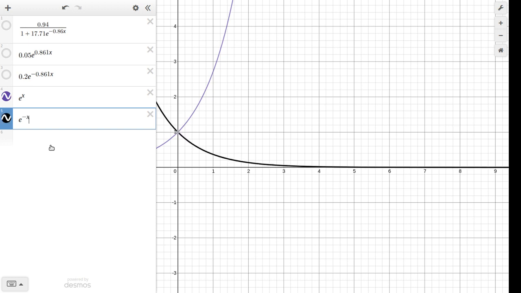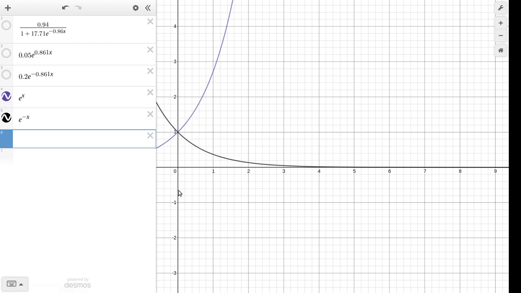The general behavior of both of these growth and decay functions: if it's a decay function, it starts at a value of 1 and decays down until it tries to get to 0. It'll never reach 0, but it tries to. If it's a positive k value, it starts at 1 and works its way out towards positive infinity.